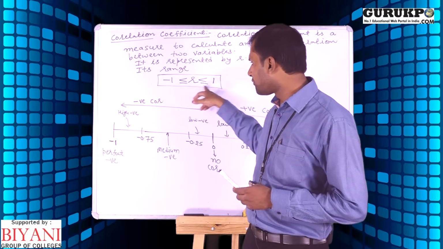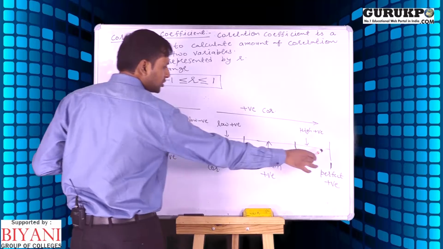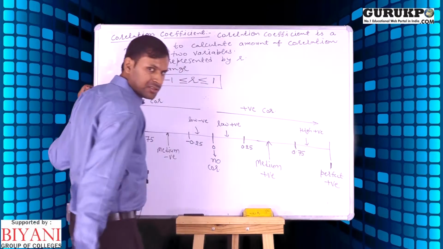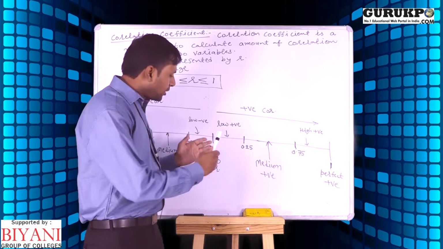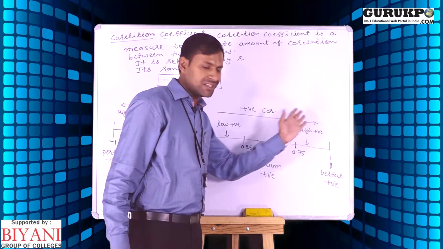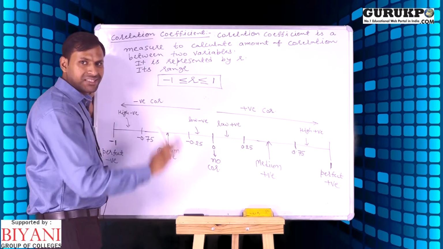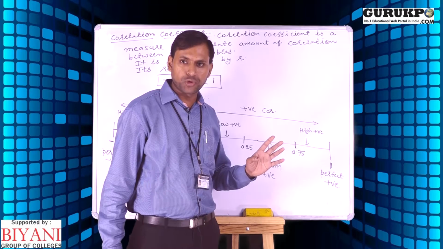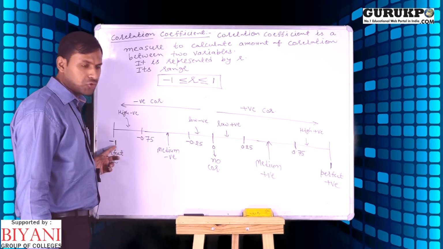We can divide it further into the following categories. This is the range of correlation coefficient R from -1 to +1. 0 means no correlation. If we are going in the positive direction, then positive correlation is increasing. If we are going in the negative direction, then negative correlation is increasing. +1 is perfect positive, maximum positive correlation. -1 is perfect negative, maximum negative correlation.